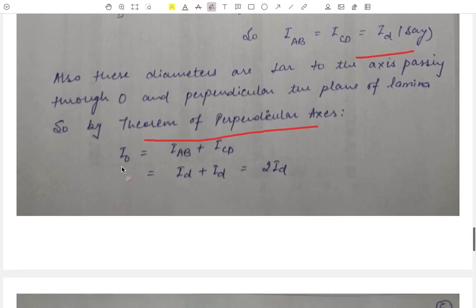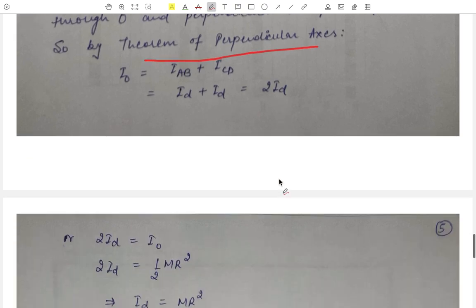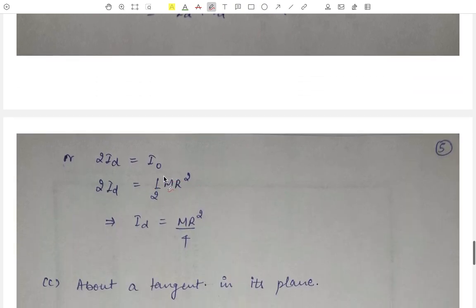It says that IO is equal to IAB plus ICD, that is ID plus ID, that is 2ID. So 2ID is equal to IO, and IO is equal to mr square upon 2. Therefore, ID will be equal to mr square upon 4.